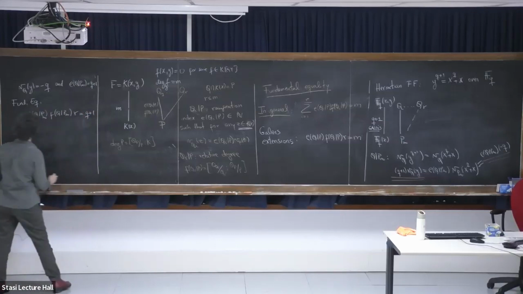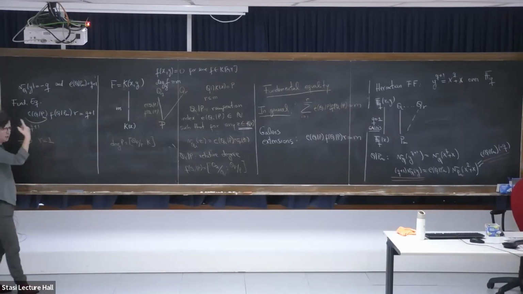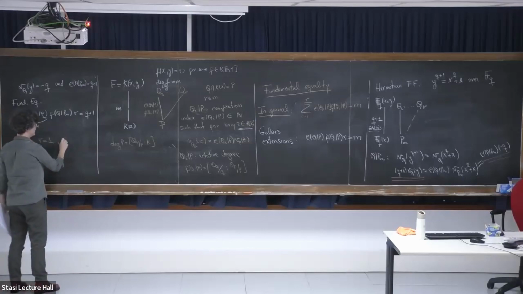And we already computed the ramification index. This is q+1. So we conclude that r has to be 1. Only one place over it with relative degree 1.